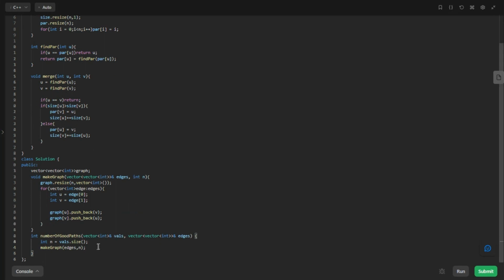So it's complete. Let's make the nodes array. Then we will iterate over all the possible conditions.